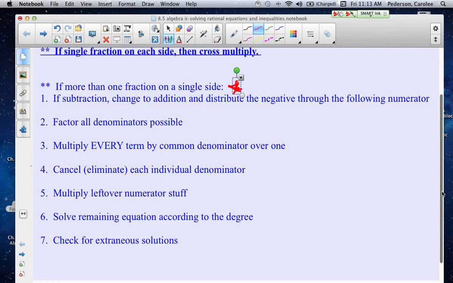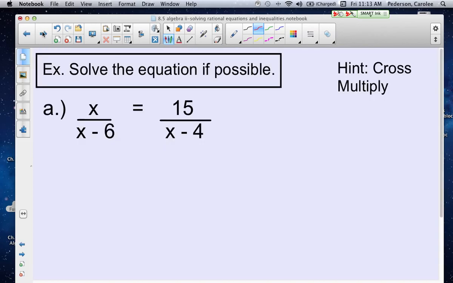We want to cancel or eliminate each individual denominator, multiply the leftover numerators by the stuff, and then solve the remaining equation. Sometimes there are extraneous solutions, and sometimes there's no solution possible in these equations. So let's go on to our first example.